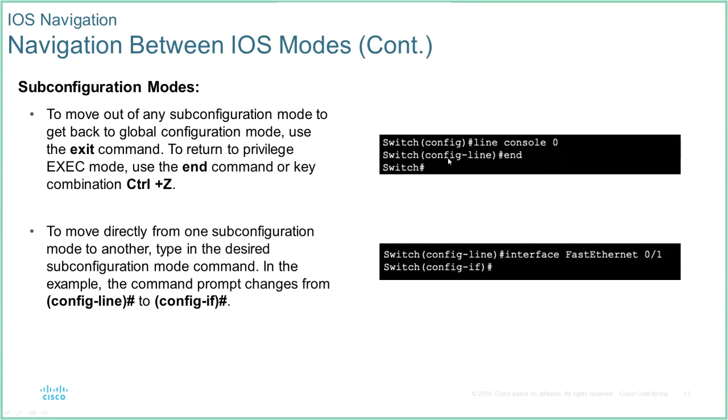So this tells us that we're in config and line submodes. The way to step back, as I said, one level is the exit command. All the way back to this prompt is the end command, or the shortcut key is Control Z, which is equivalent to typing in end.